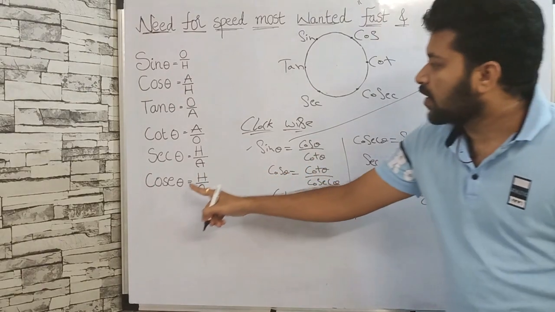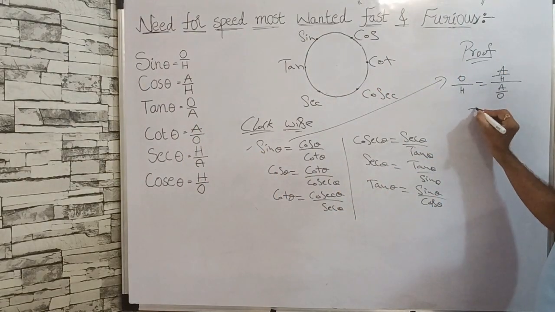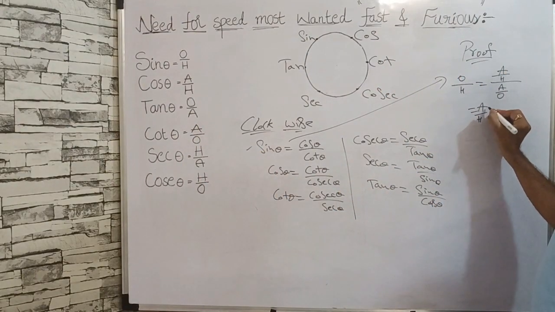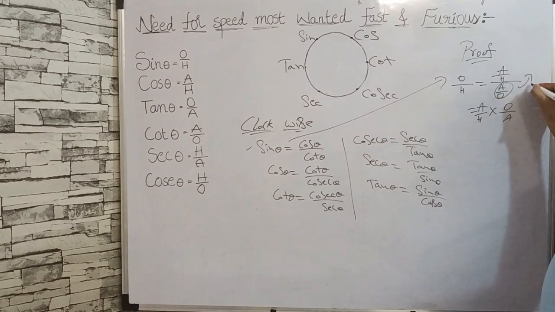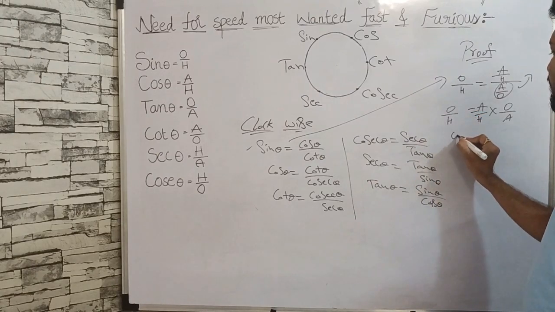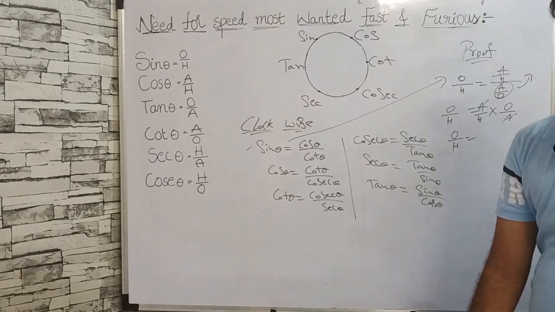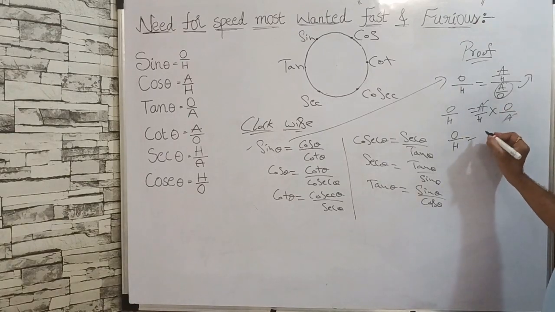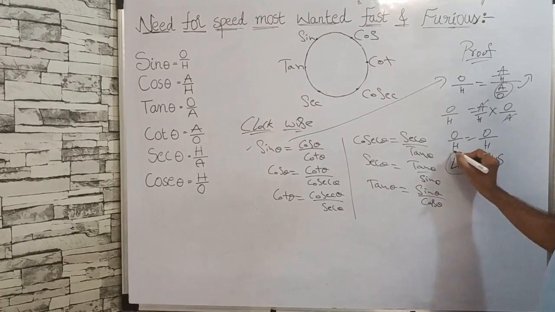Cot theta. The cot theta value is A by O. So A by h into O by A. This will be reciprocated. So in the LHS we have O by h. O by h is equal to, the adjacent side will be cancelled, and remaining in the numerator we have O by h, which means LHS is equal to RHS. Proof is done.